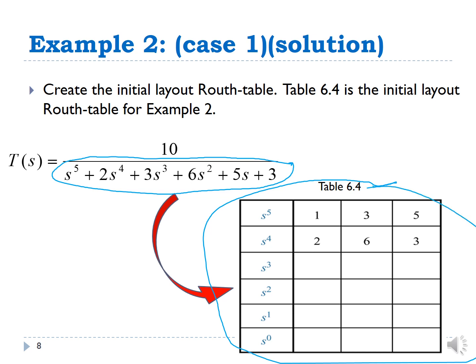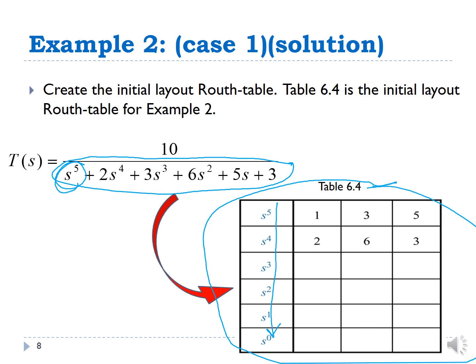Remember, you can start by labeling the rows with the power of s, from the highest power of the denominator of the closed loop transfer function down to s power of 0. From the denominator, we can see that the highest power is s power of 5.